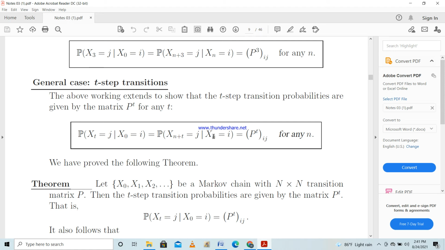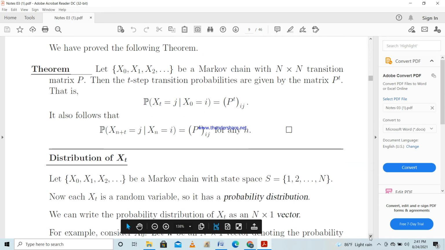Or when time equal to n we are at state i, and when time equal to n plus t we are at state j. However many steps we have to use to reach that particular state, we can talk about the t-step transition probability. That is, we can find it by the P to the power t matrix.